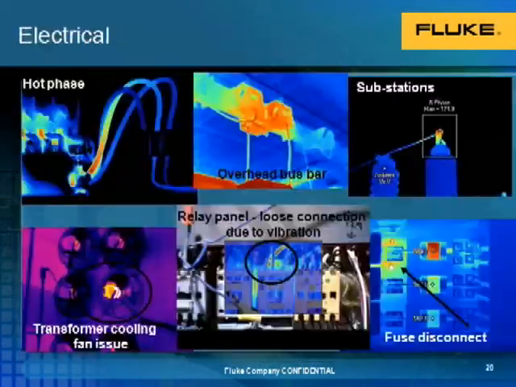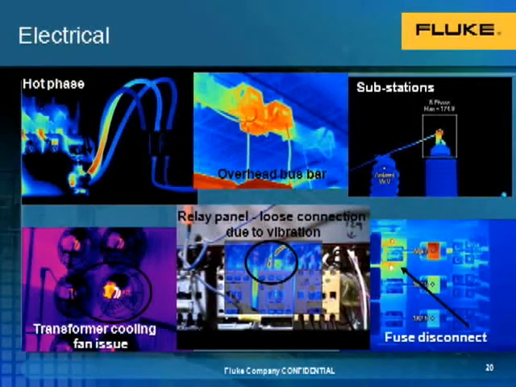Common electrical items include inspecting for a hot phase, overhead bus bar, substations, transformer cooling fans, a relay panel, and a fuse disconnect.